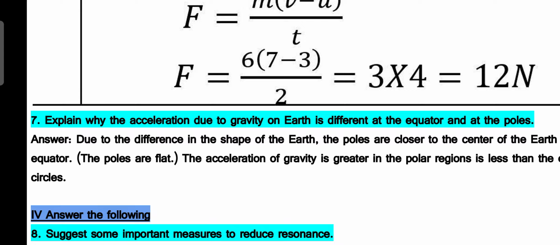When it is flatter at the pole, the distance from the center of the earth to the pole is lesser when we compare it with the distance from the center of the earth to the equator. So distance decreases and the gravitational force increases. So at the pole, acceleration due to gravity is greater than at the equator region.